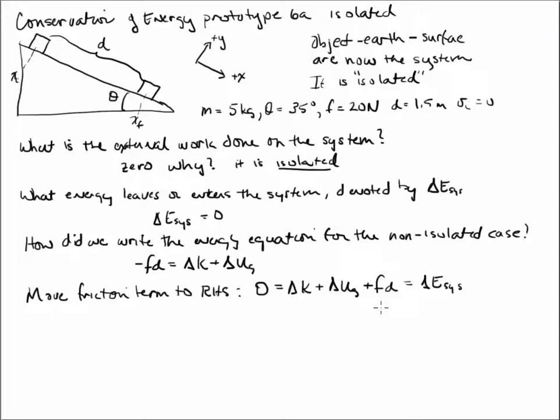It is an internal work done, and that is your change in energy of the system. Now we define the internal term, the friction, and we denote it as change in internal energy. So we can immediately talk about a couple things.